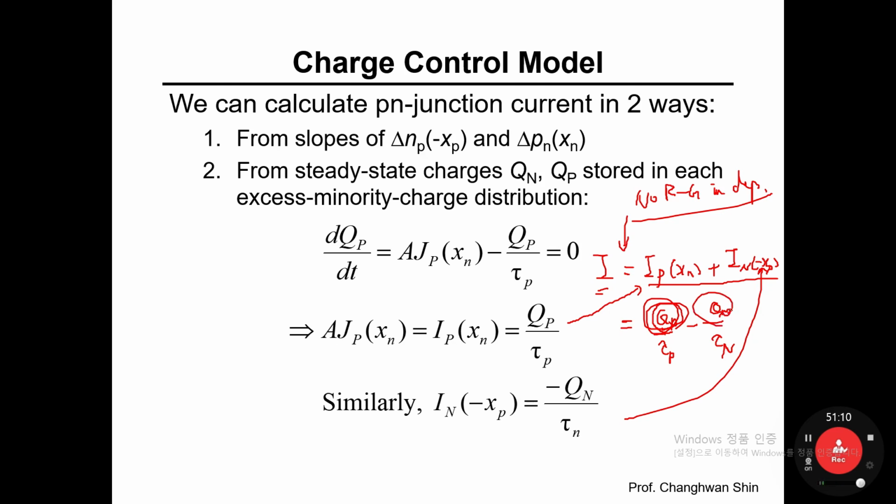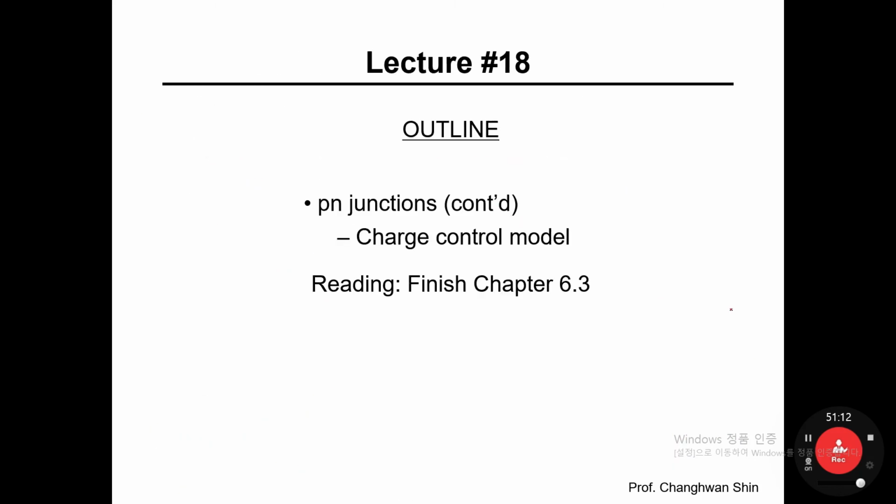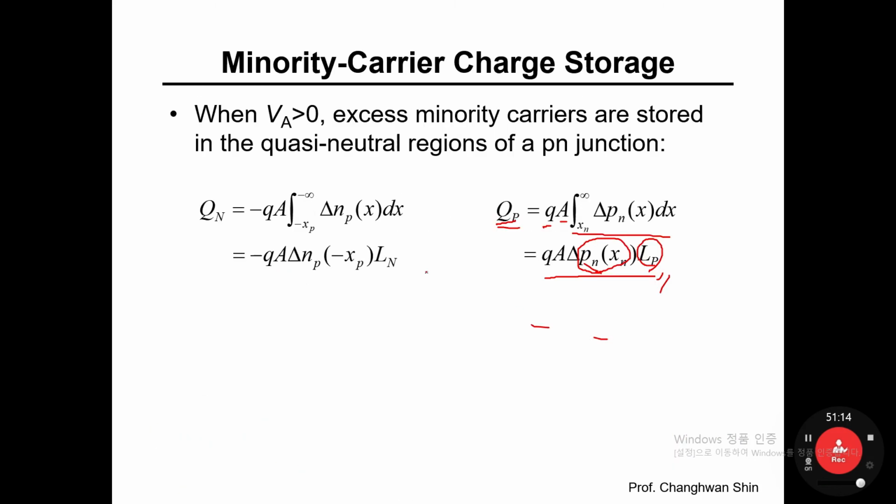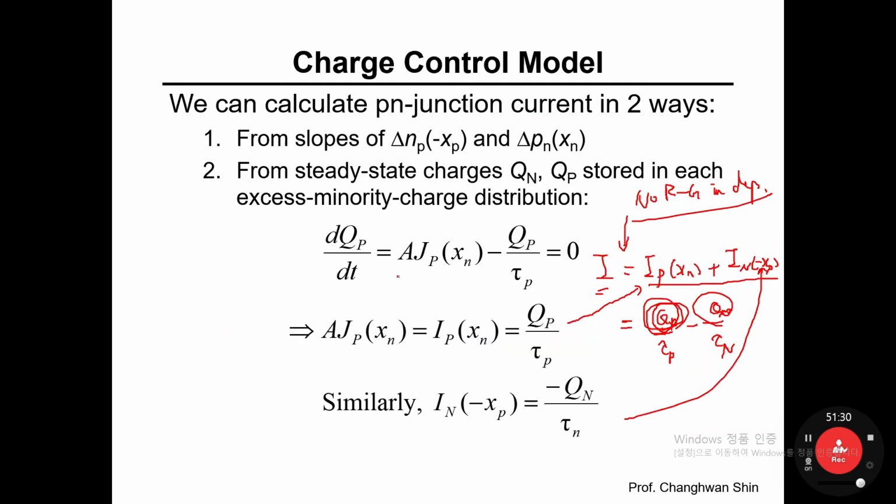And what about the Qn? Let's go back to the first slide. Here, Qn was minus Q A, initial value of excess electron concentration in the p side times electron diffusion length. So remember it and take it into here.